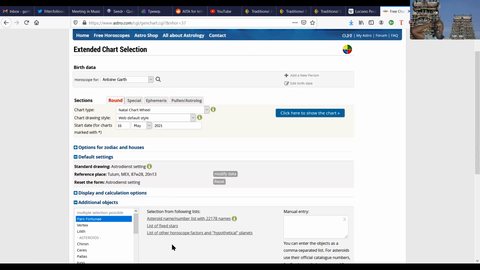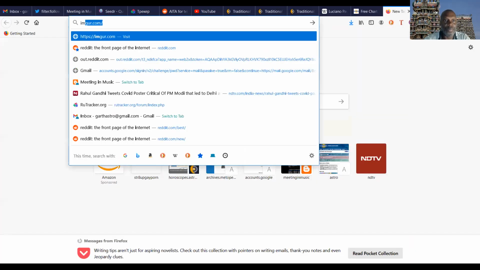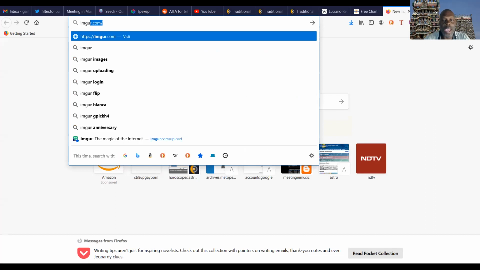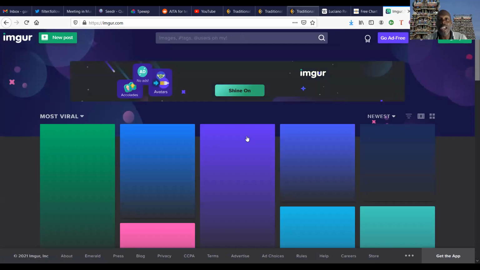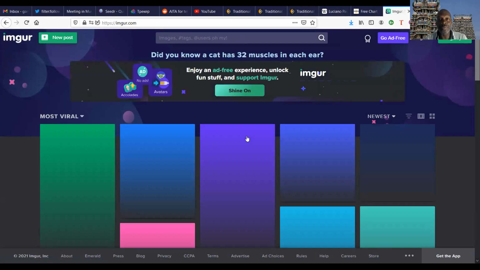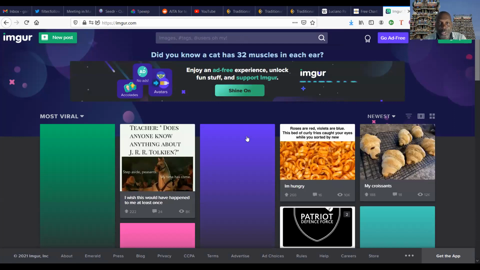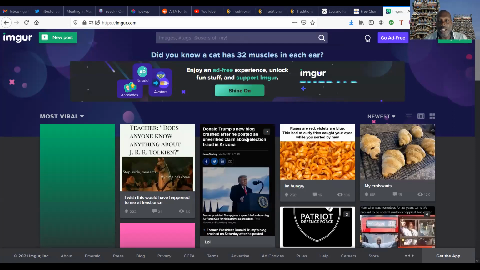Okay, and then from there, you want to go to imgur.com, and upload your chart to here. So you'll upload your chart to imgur and then share that link with me, and we'll look at your chart later in the class. All right, so that's the first thing, how to get the solar return generally.